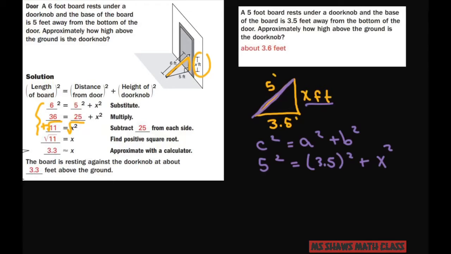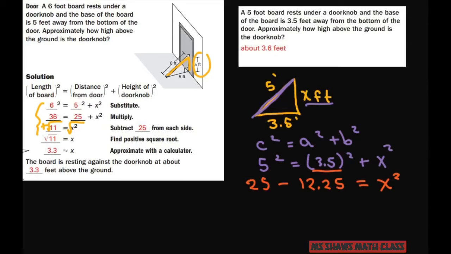So you're going to get 25. Subtract this from both sides, minus 3.5 squared, which is 12.25, equals x squared.